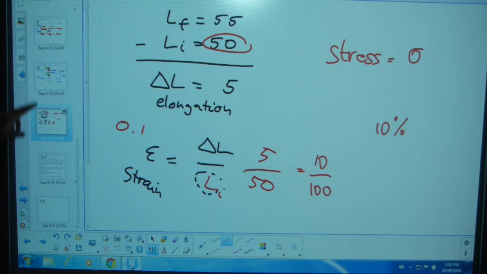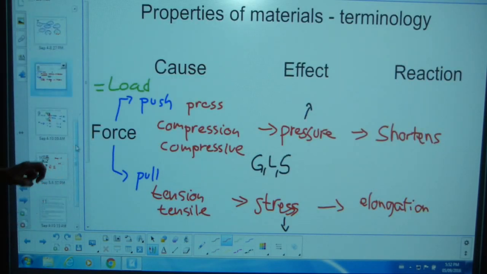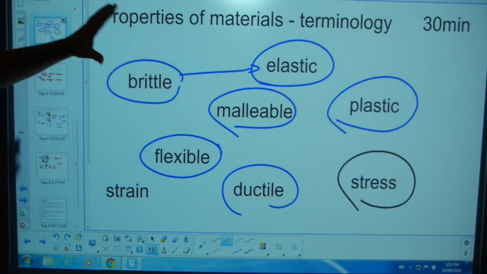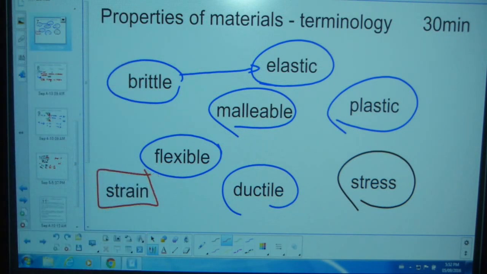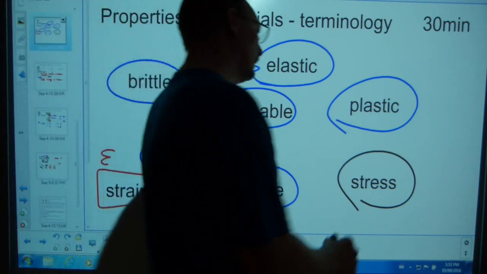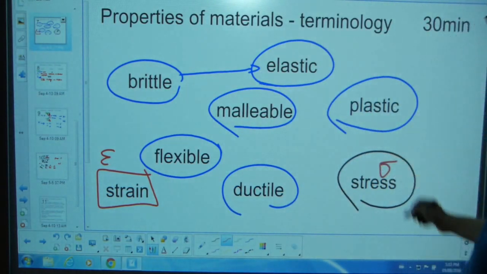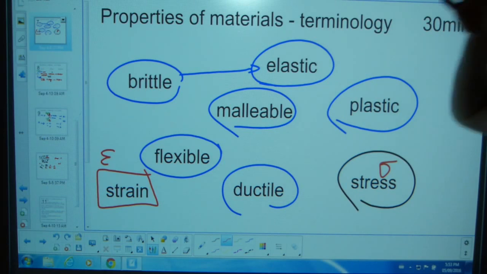So that's how these terms, let's go back to the first slide, that one, that's how all of these work together. That was strain, the quotient of elongation and length. Stress drives all of these other changes in material and behaviors of material until they all go to fail.